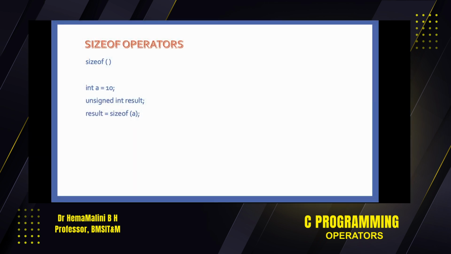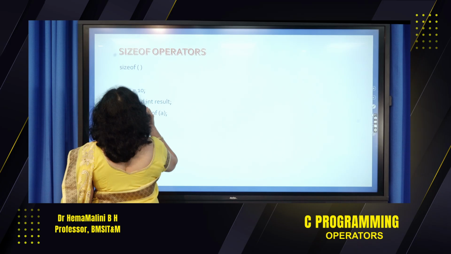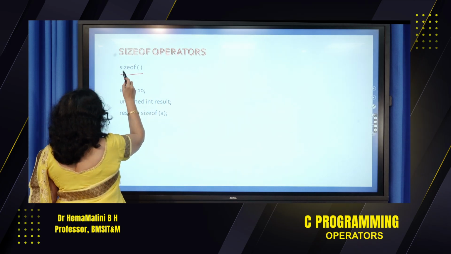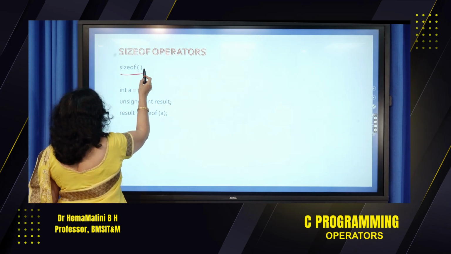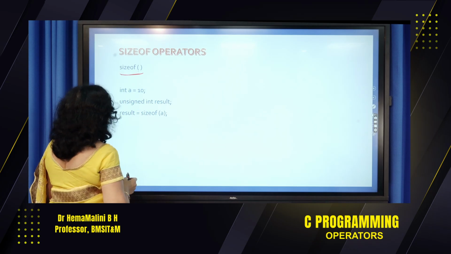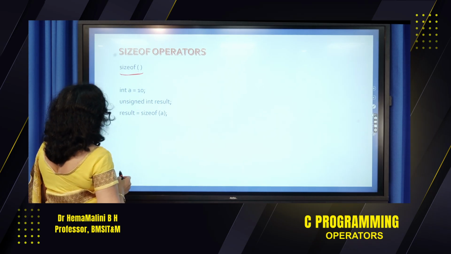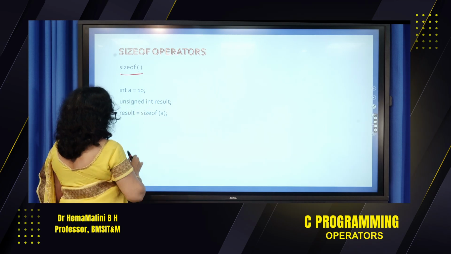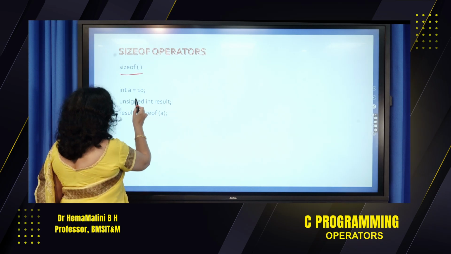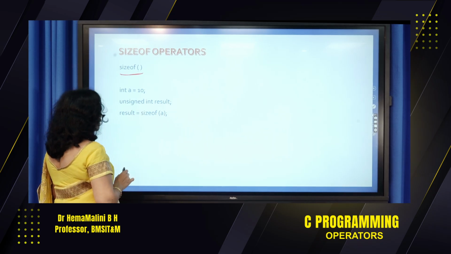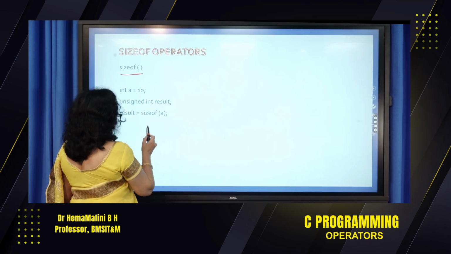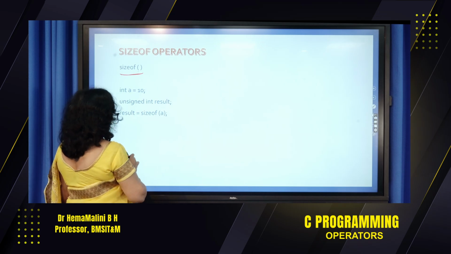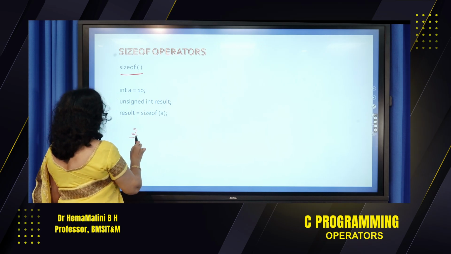Next, we have the sizeof operator. So, the syntax is like this. sizeof, we have open parenthesis, closed parenthesis. Let us see how this can be used. I have integer a equal to 10, unsigned int result. sizeof a is of type int. So, if int consumes 2 bytes, then result would be 2.